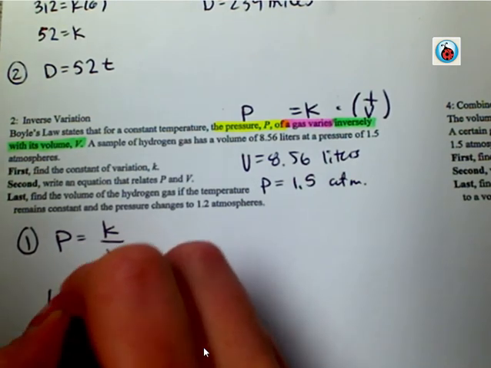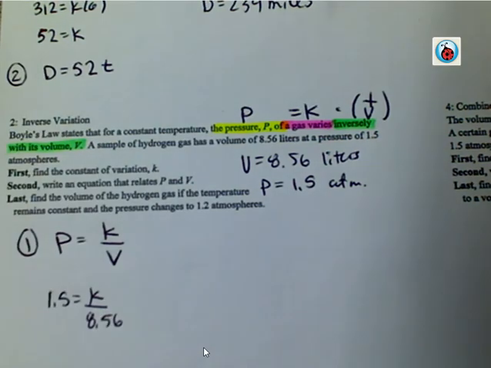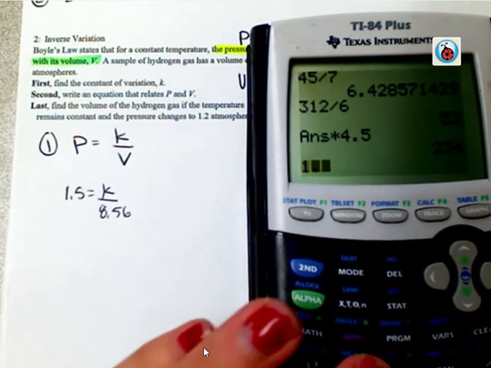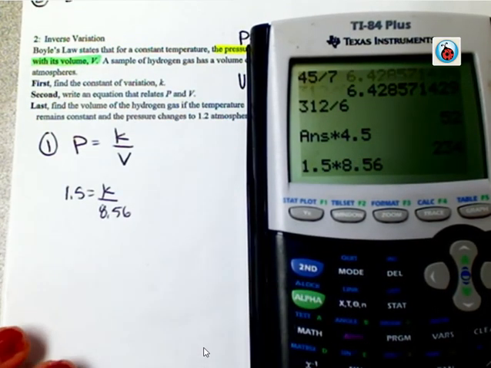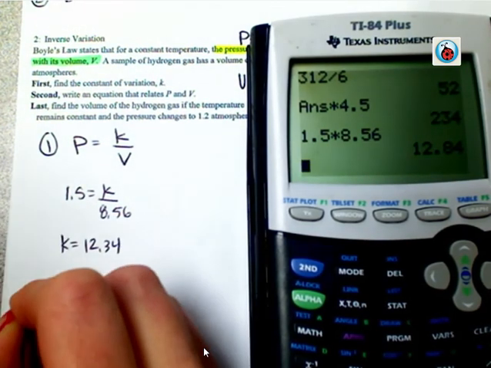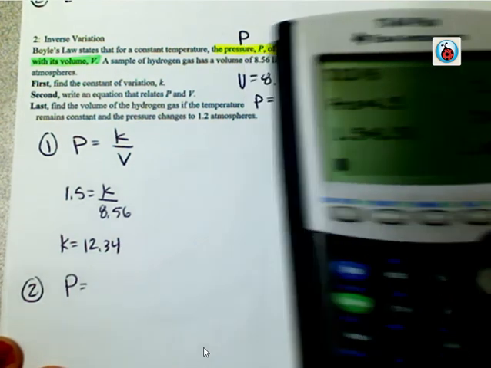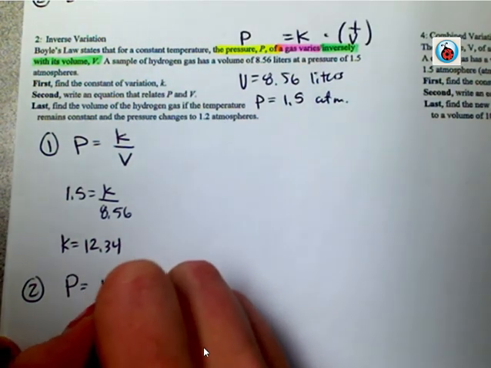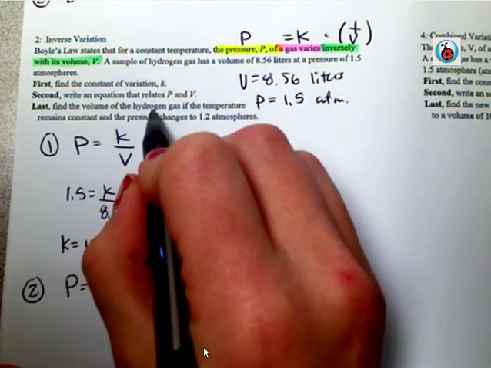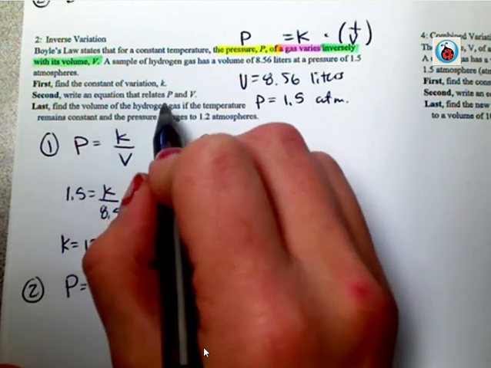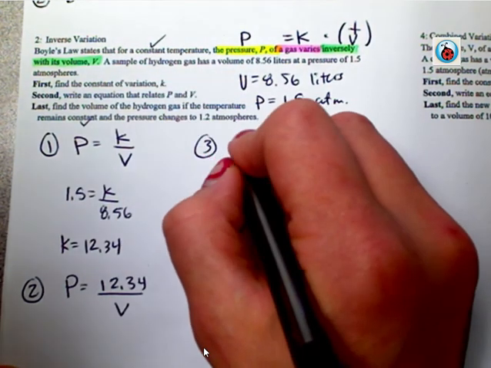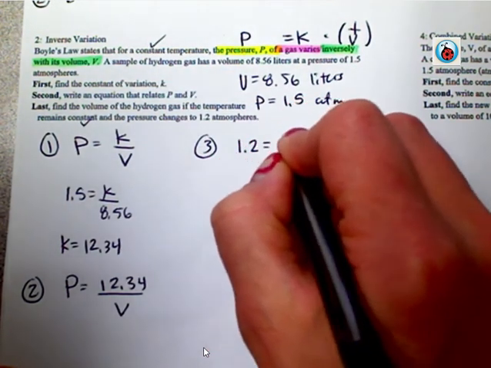1.5, 8.56. So this would be a calculator question. Let's go ahead and type that in. 1.5 times 8.56. So K equals 12.34. Write the equation that relates only P and V. Third, find the volume of the hydrogen gas if the temperature is constant and the pressure is 1.2.